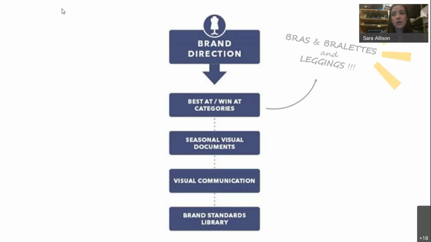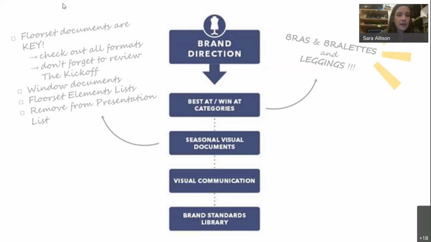When you're making a decision, what do we really stand behind as a company? What are categories that we're always like, we want to win in this? If we want to maximize something, it's going to be these categories. So for Aerie, it's going to be bras and bralettes and leggings. And for Offline, it's going to be leggings. So those are going to be your key categories that you always want to protect, that you always want to maximize in, a brand right way.